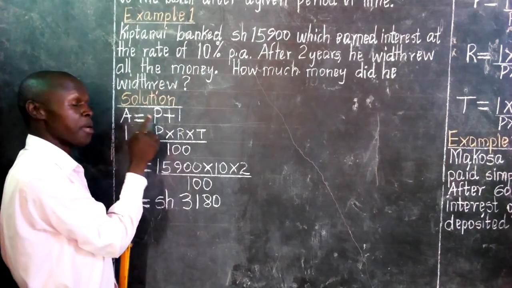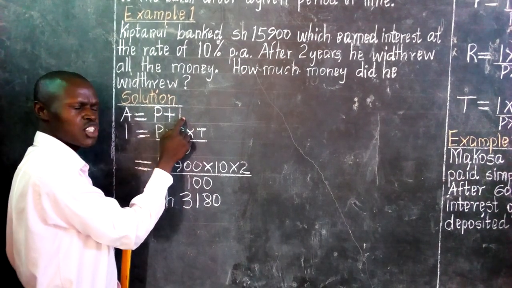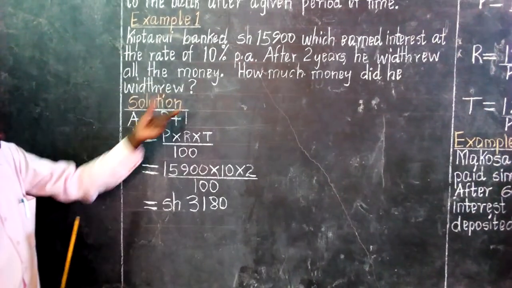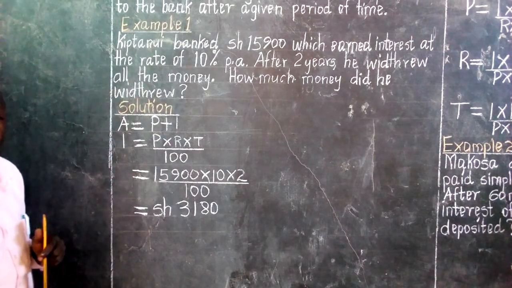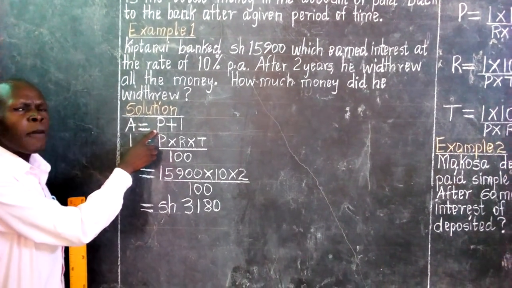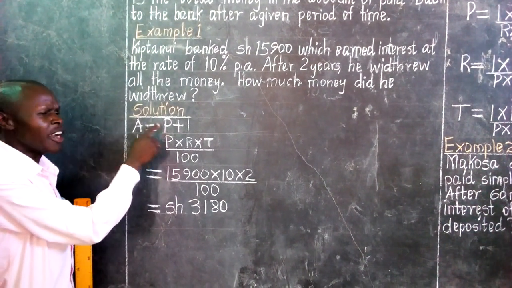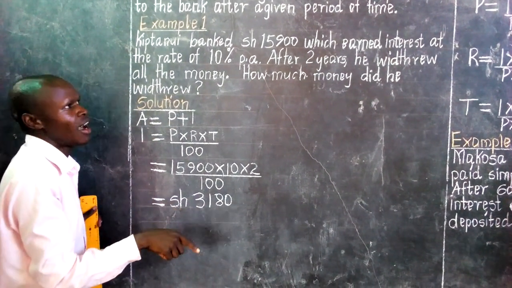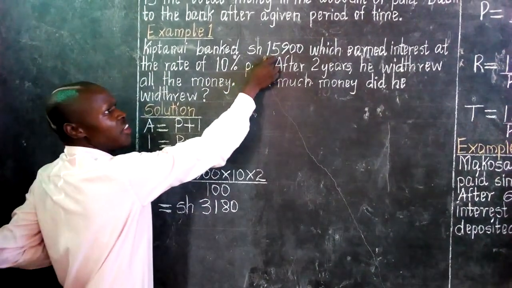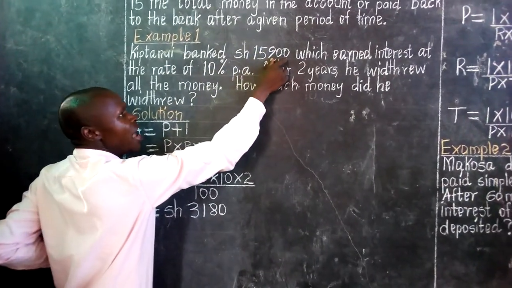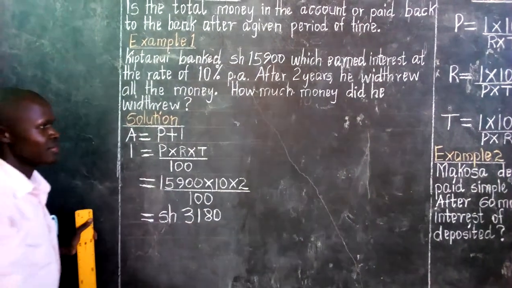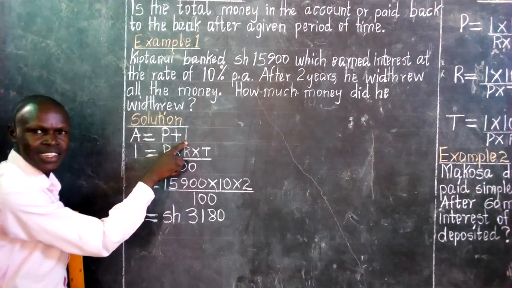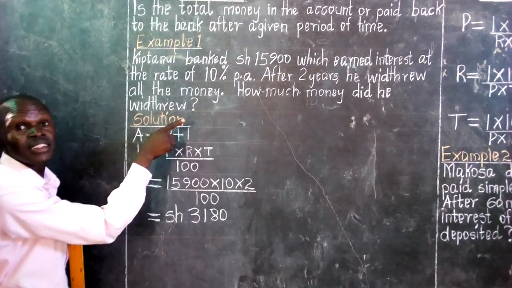Very good. Principal plus interest. From our question given here, we have the principal. What is the principal? The amount deposited. How much was that? 15,900 shillings. What about the interest?